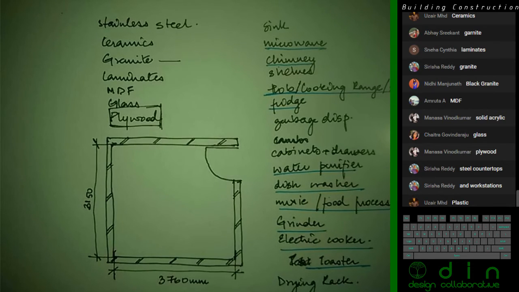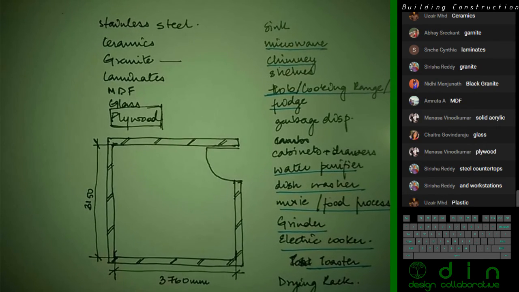Hardboard. What are the different grades that plywood might be available in?